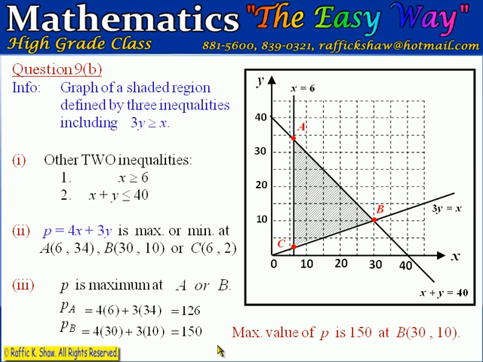The maximum value of P is 150, and that occurs at the point B where x is 30 and y is 10. This vertex is where P would be at its maximum, and that maximum value would be 150. So that's the solution for question 9b, and we will be doing question 10 in another video.